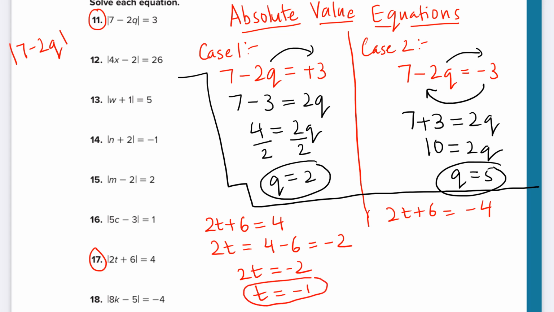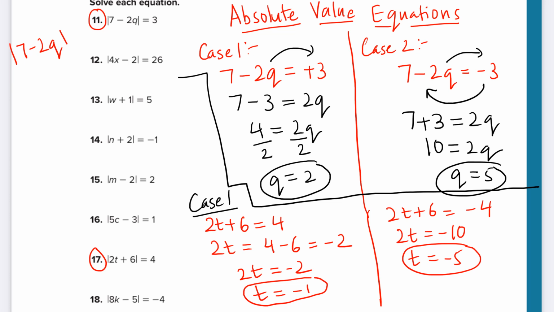One solution. Second solution, 2t is equal to minus 10. T is equal to minus 5. So as you see, the method did not change, only the numbers change. So case 1 and case 2, always there are two solutions for absolute value equations.